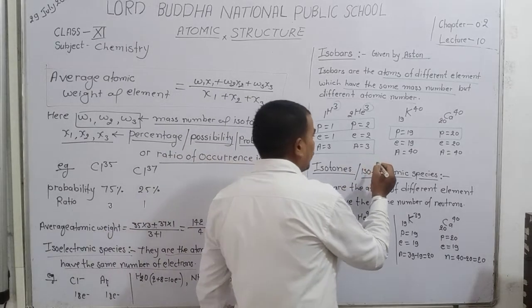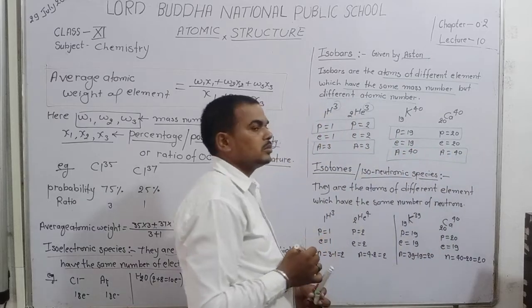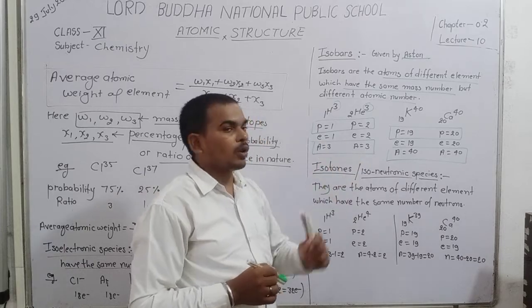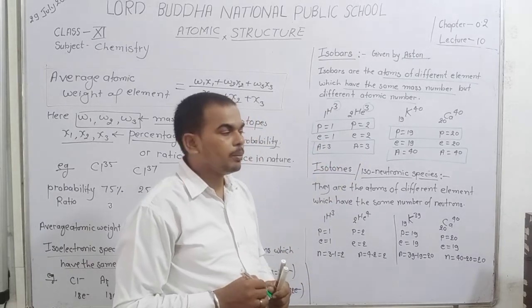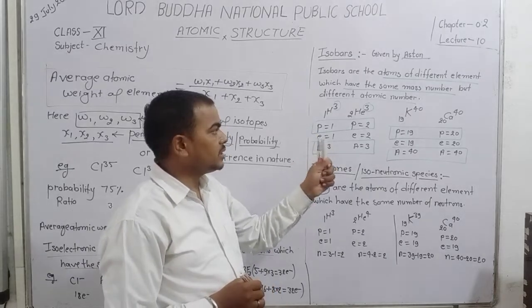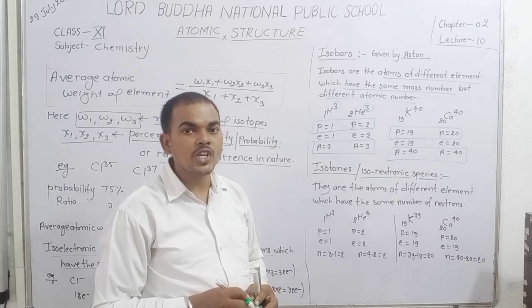But both have the same mass number. Students, we observe here they have different protons, different atomic numbers, but the same mass number. So we say that potassium and calcium are isobars of each other.